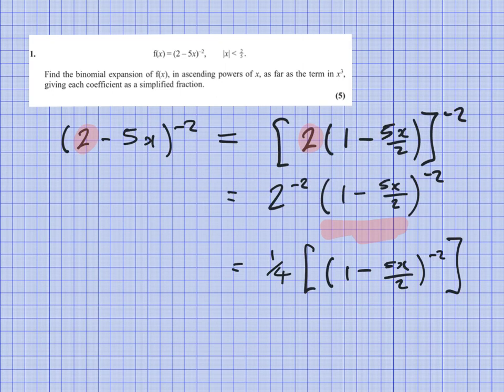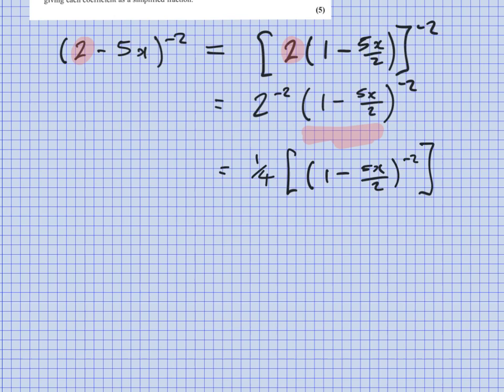Then the power has to be applied, using its distributive qualities, to all the parts inside the large square bracket, and I've just calculated what that is. Now, that means that I can use the work that we've done previously to calculate this section, and then just take a quarter of it.